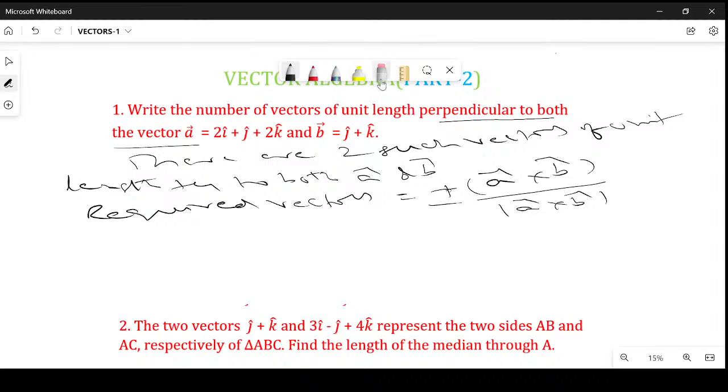So this is the required one. Now in total we have two such vectors. But you can find the cross product now. You can find a bar cross b bar.